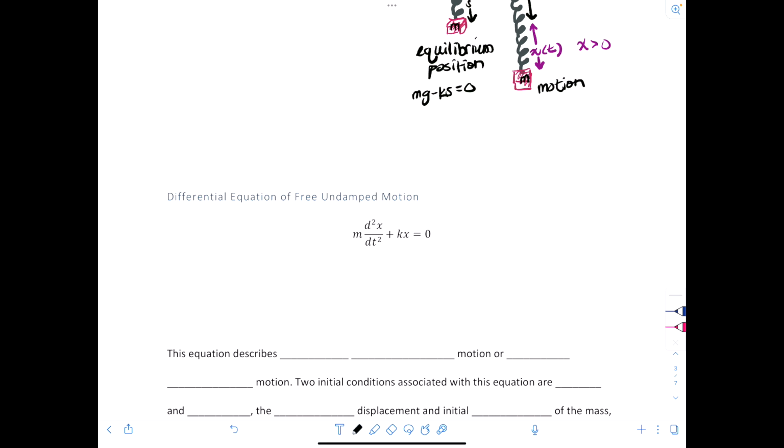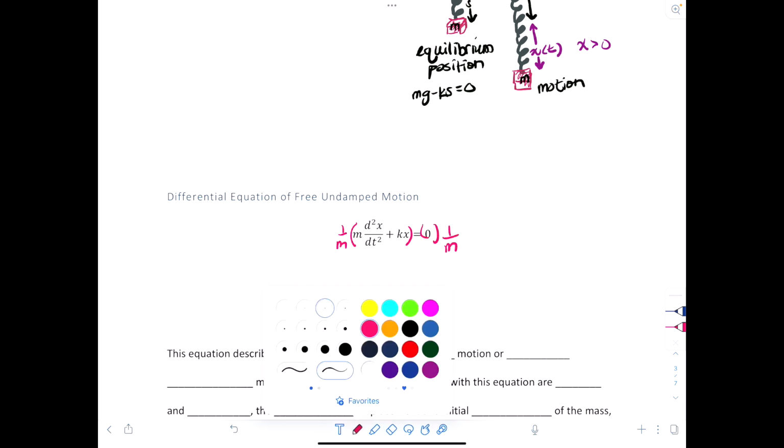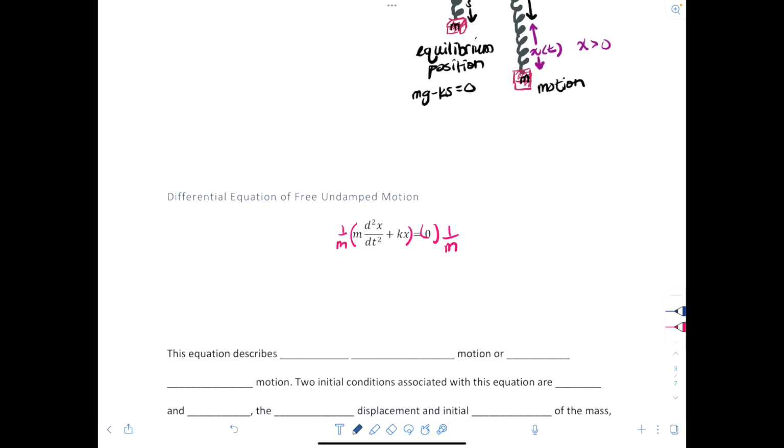So now if I multiply both sides by 1 over m, I will end up with that second derivative of x with respect to t isolated, and then plus k over m times x is still equal to 0. Now what we do is we let k over m equal omega squared.